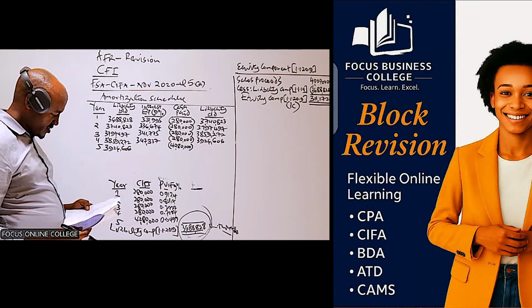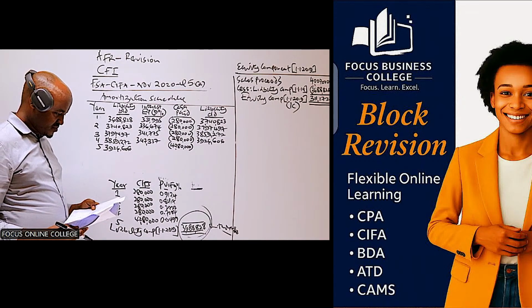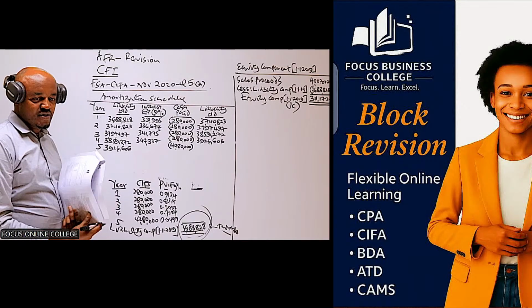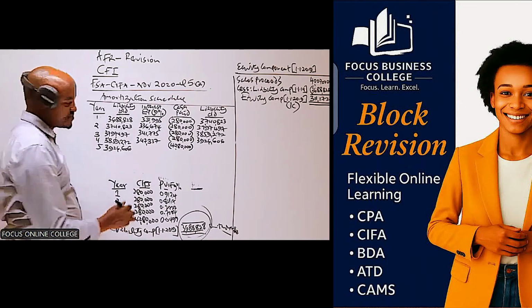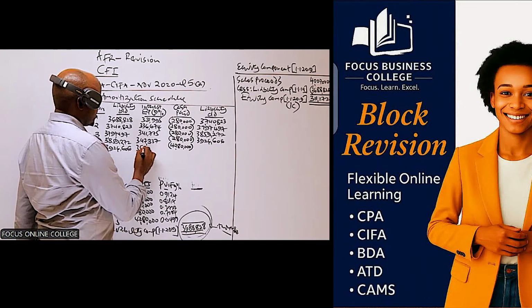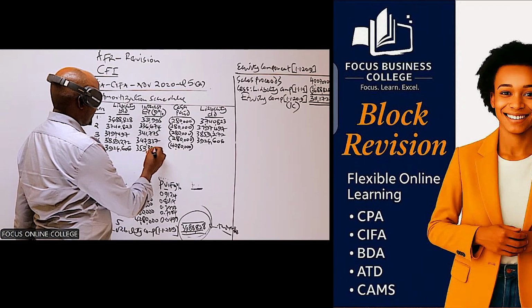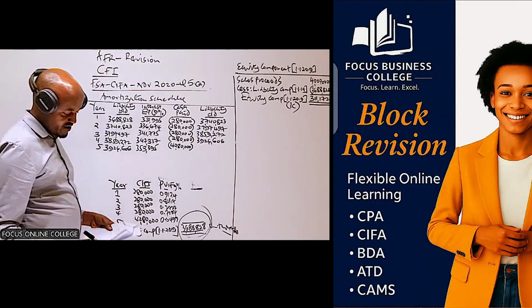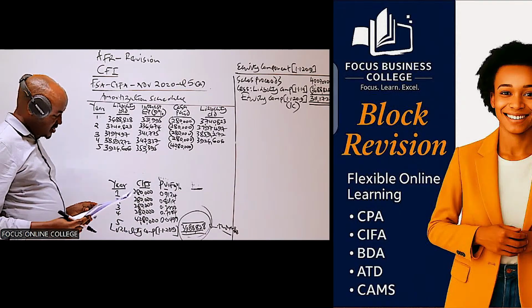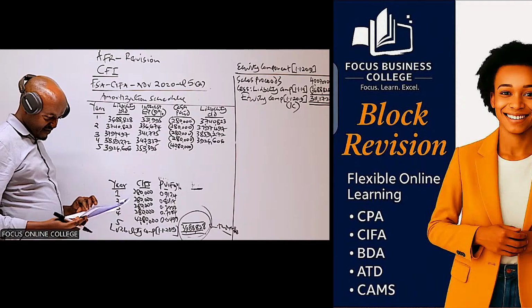And the interest. The interest 353,395. And then we compute the liability at the end of year 5.